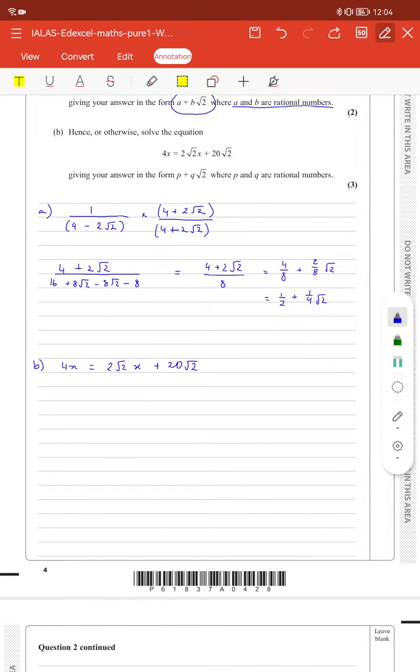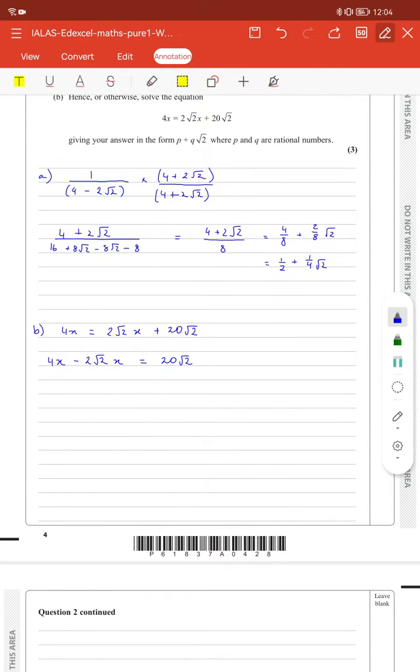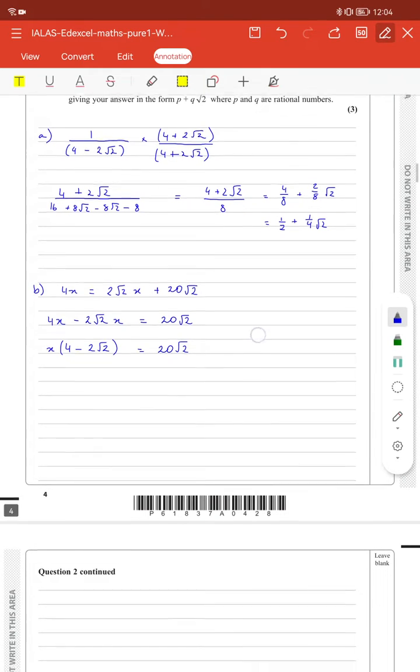And over here, we want to get something quite similar. So we can have 4x minus 2 root 2x is equal to 20 root 2. And we can separate this as x times 4 minus 2 root 2 is equal to 20 root 2.